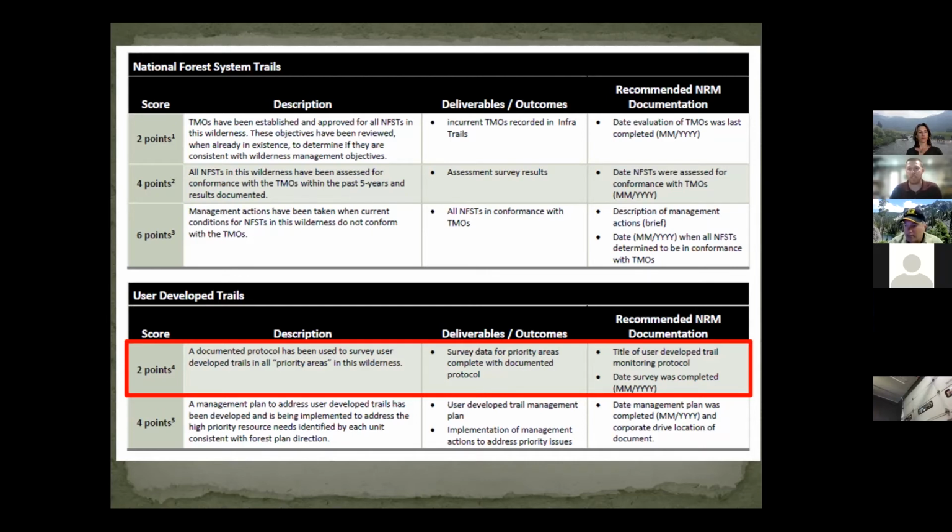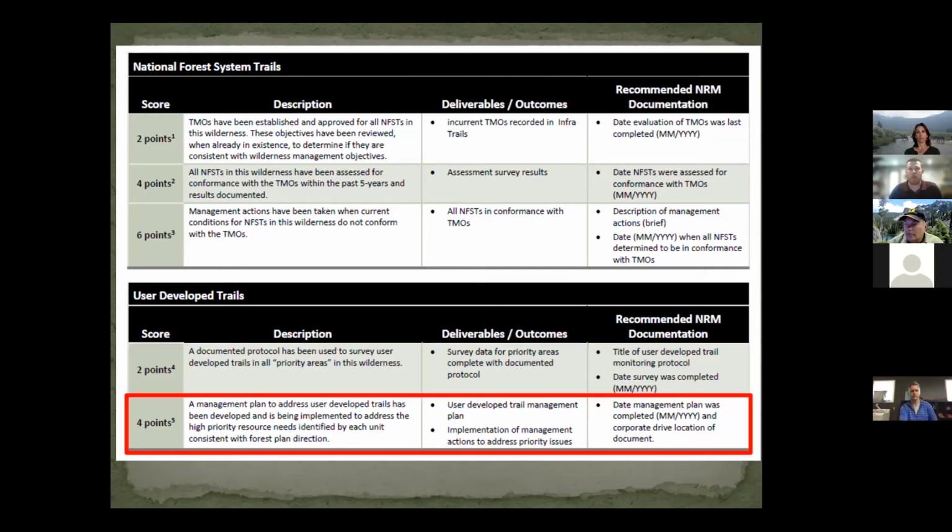So that's a nice feature. On another option out there, if any forests have gone through a limits of acceptable change protocol, that could also be used for how you document your user developed trails. So there's other options out there, but there is a set, a minimum protocol available now. Next slide.